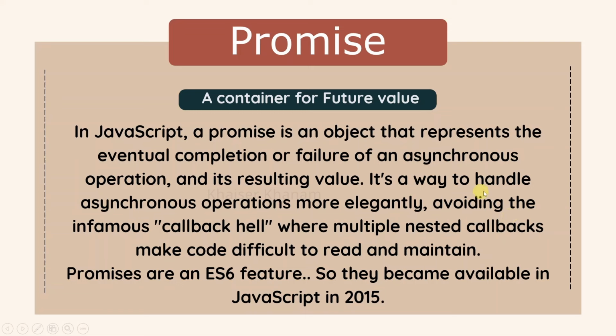A promise is a way to handle asynchronous operations more easily and elegantly, and using promises we can avoid callback hell, because we can chain promises instead of passing multiple callback functions. Promises were introduced in ES6, that is ECMAScript 6, and were available in 2015.